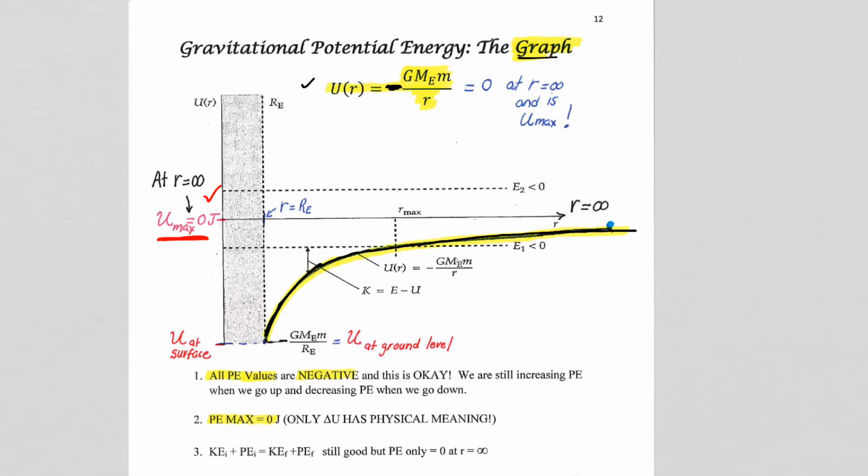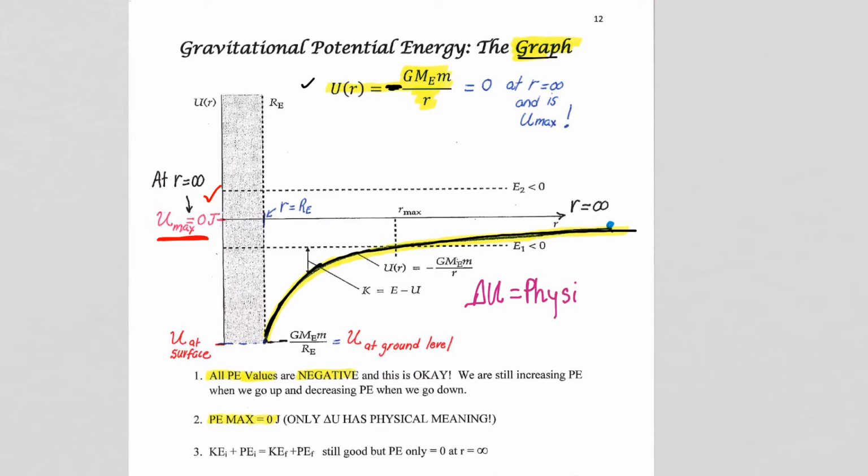I know that's a pain because we don't normally think of zero as a maximum, but hopefully you remember that fundamentally the only thing that ever has physical meaning is the change in potential energy. So delta U equals physical meaning, right?